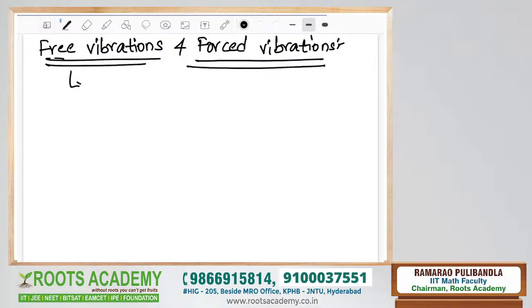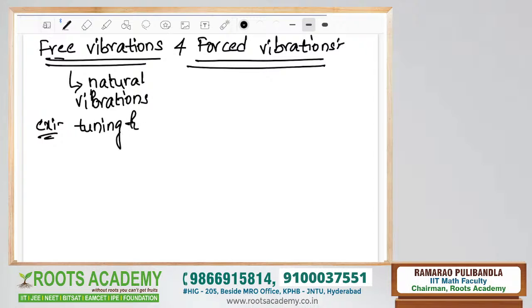Free vibrations are defined as when a body is set into vibration and left free. That means the natural vibrations could be observed here. An example for this is the vibrations in a tuning fork. So the vibrations in a tuning fork are said to be an example for free vibrations, where natural vibrations could be observed.